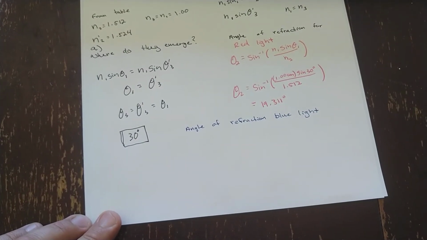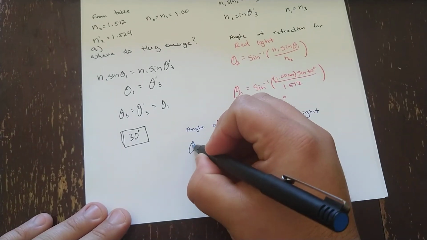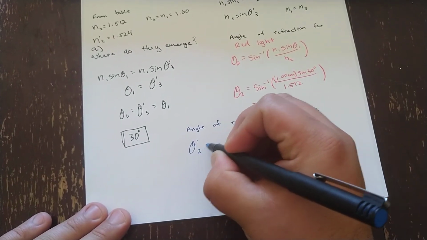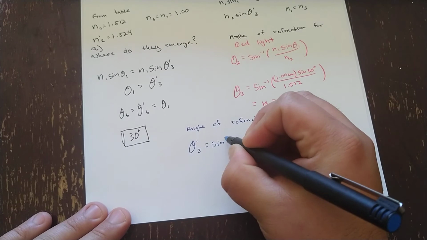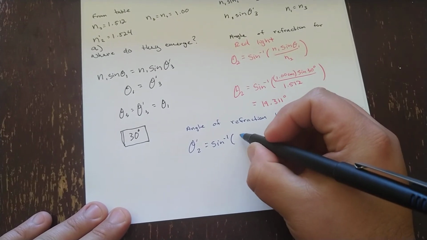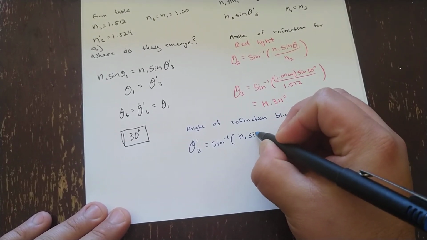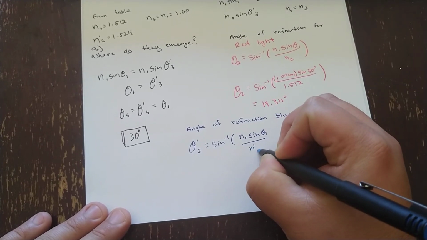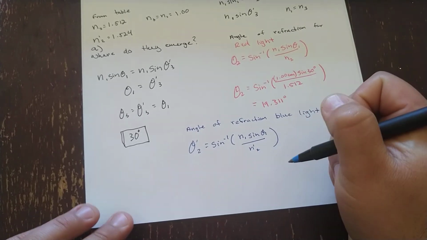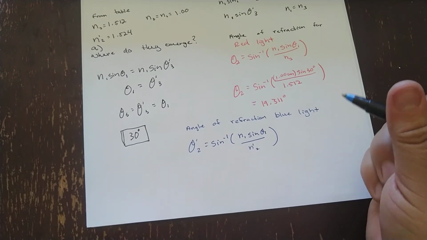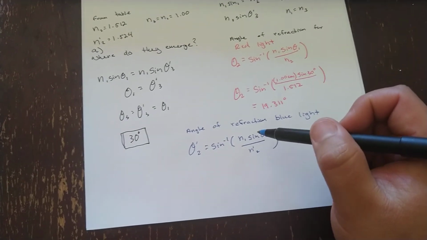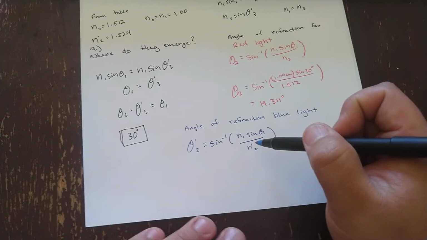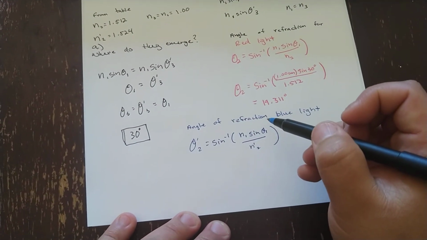Okay, so theta prime of 2 equals the inverse sine of n1 sine theta 1 over n prime of 2, right? Since we're calling it prime because of the different wavelengths, in case I forgot to mention that.